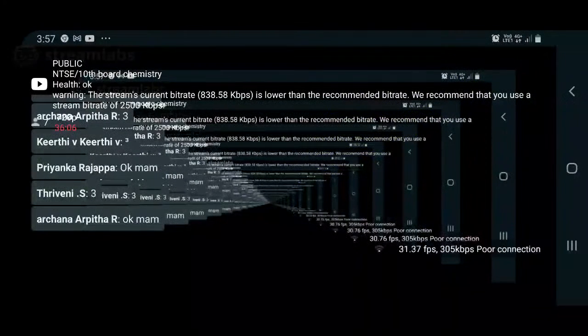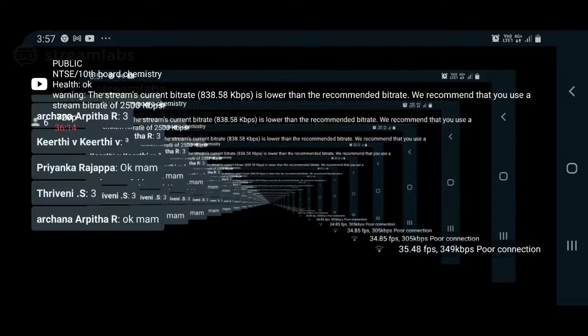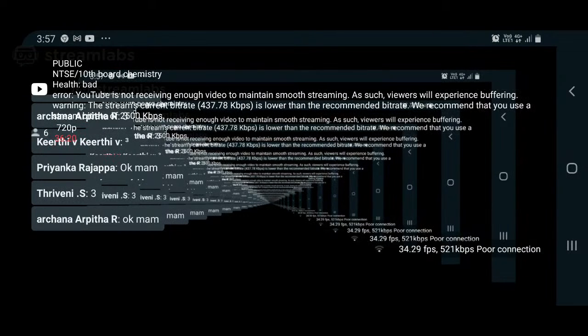Okay, question 21 is somewhat tricky, right? So we want to identify A. A gives a burning taste. Definitely that must be an acid, right? Because the litmus paper is changing to red. Definitely A must be an acid. Okay.